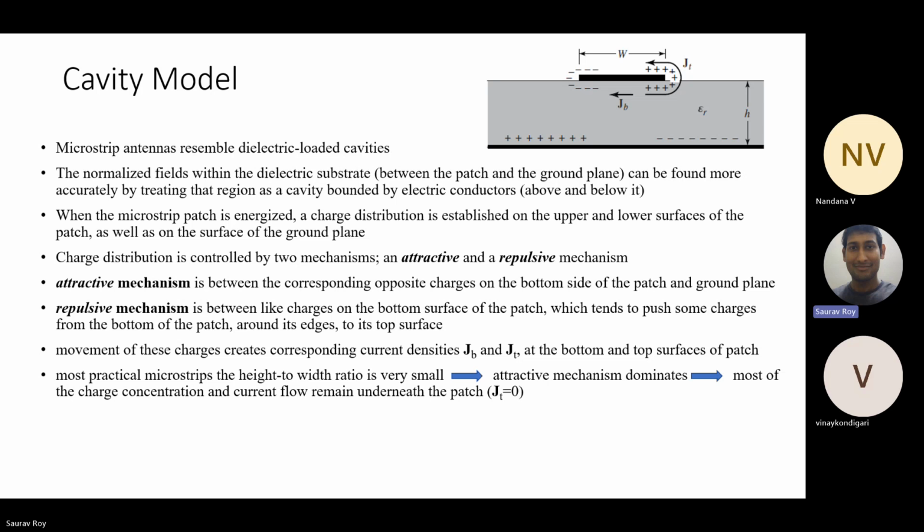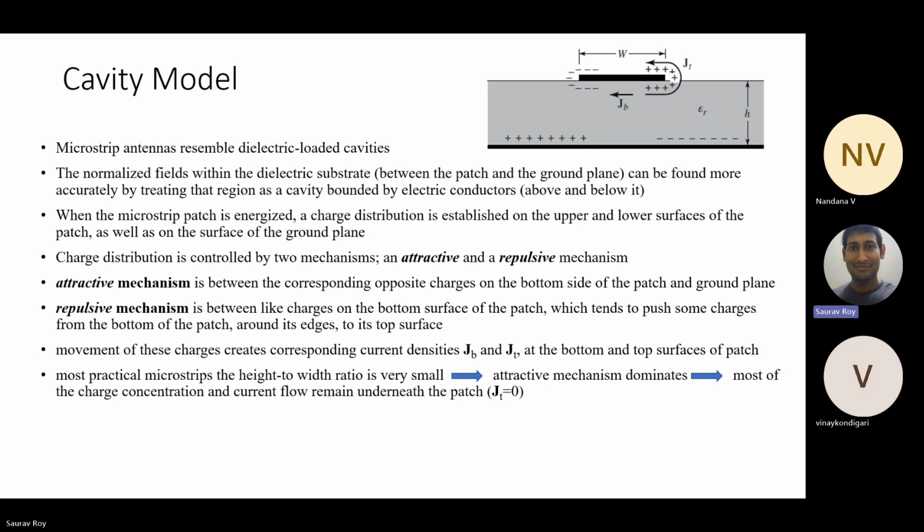They show, if the wave propagates, what the positive and negative electric charges would be, how they would be configured, and what the direction of current flow would be. Current density is given as JT, the top layer current, and JB, the bottom layer current, on the top and bottom layers of the metallic patch.